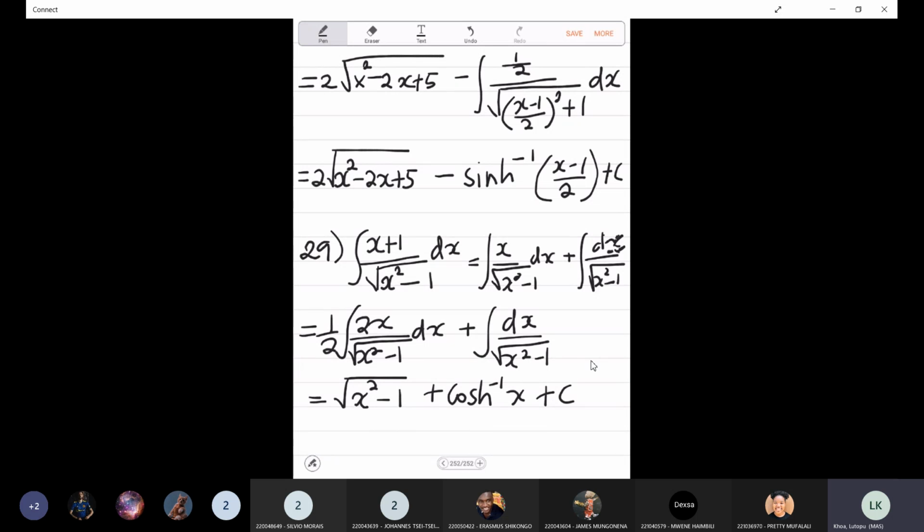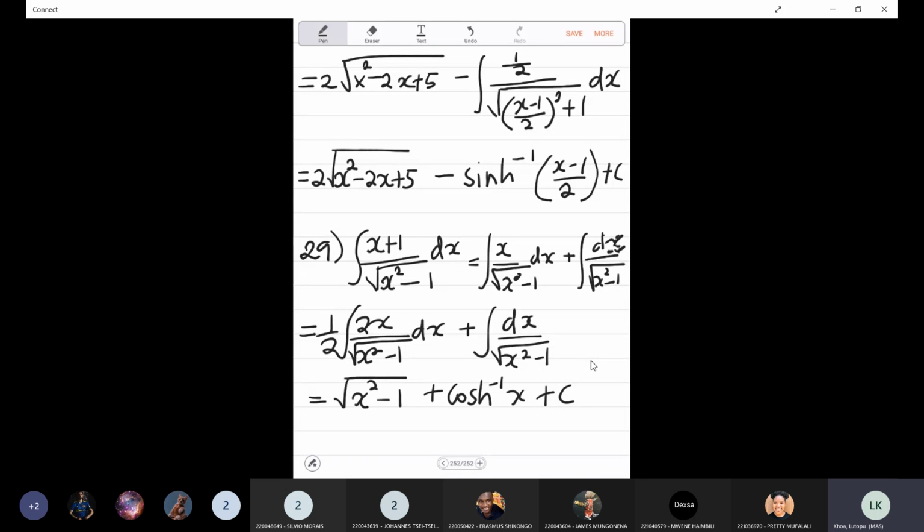So the rest of the questions in that exercise are similar to at least one of the examples that we did. There are some that are just direct integration. There isn't anything that you have to really do there. You just integrate. Sometimes you will have to multiply by a constant.